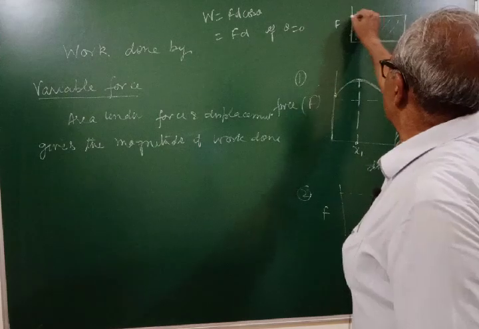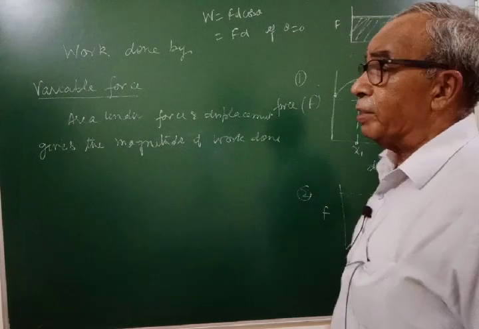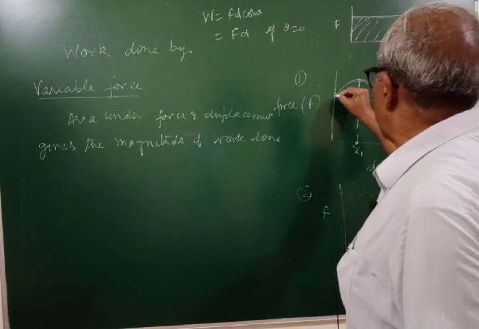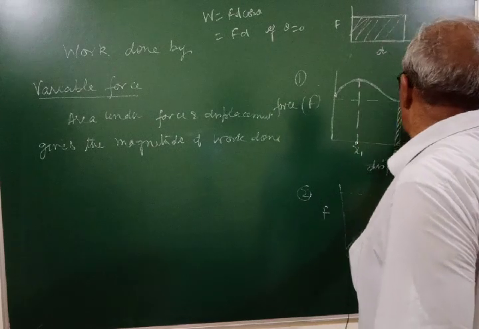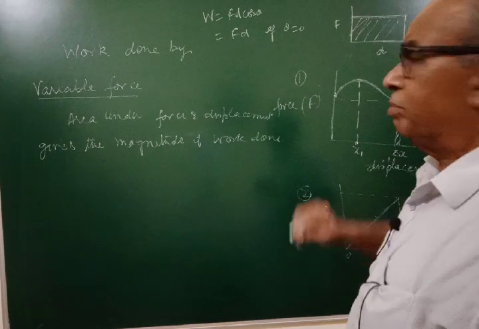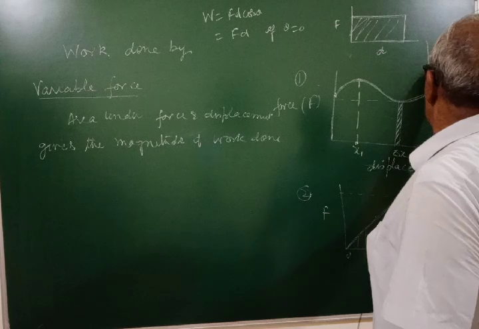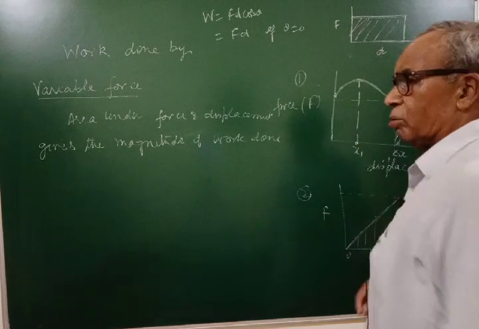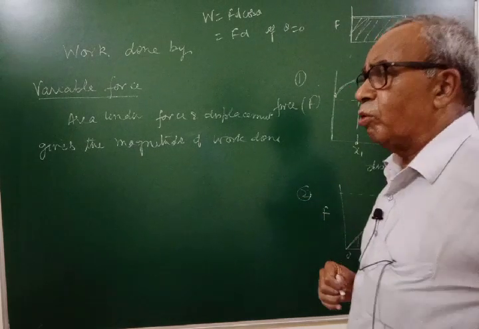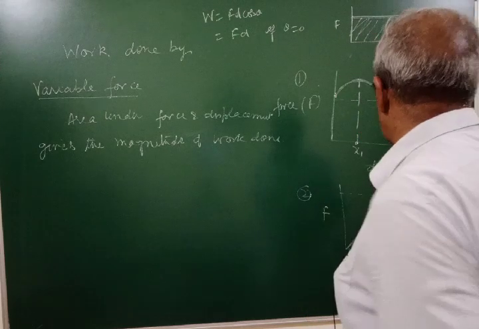If force was constant, it was simple to find the area. But if the graph is not a straight line, it is a curve like this, maybe of any shape, maybe like this also, then the area under the force and displacement graph has to be calculated.